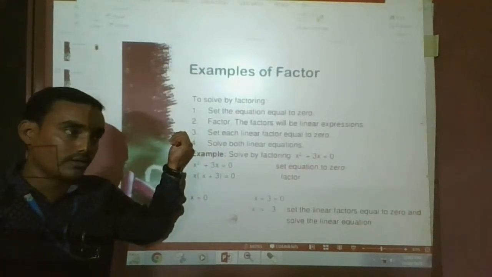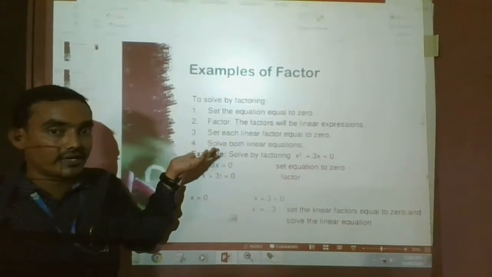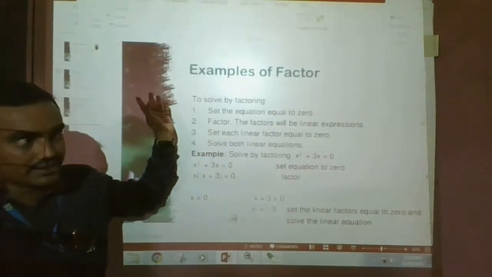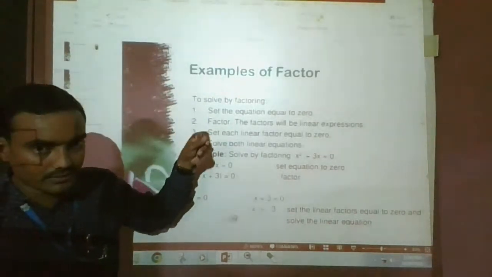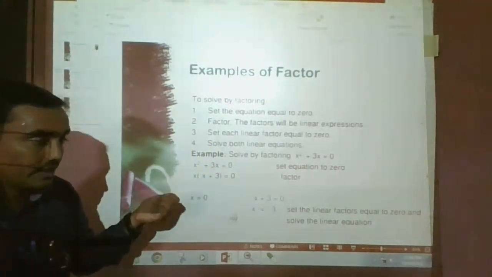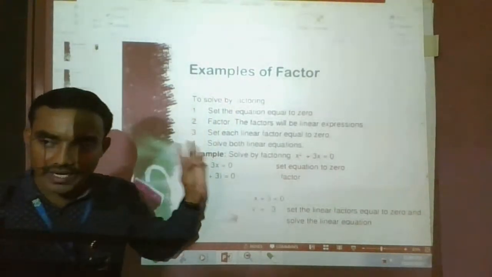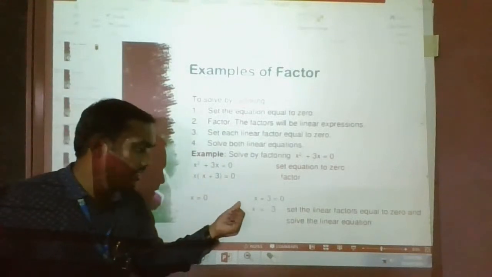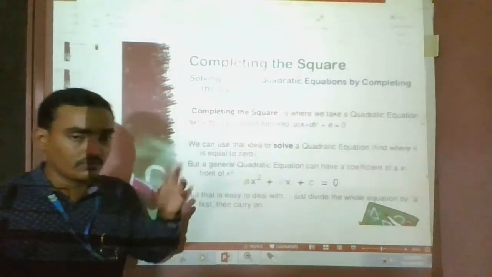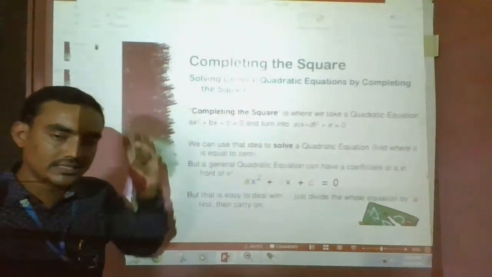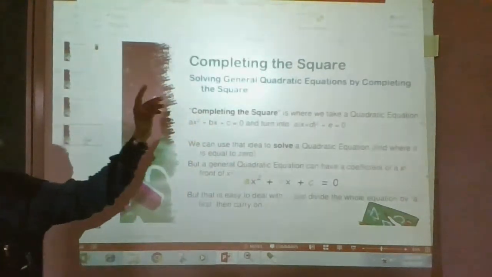In our previous example, by using the quadratic formula, the very interesting formula, x equals minus b plus or minus root b square minus 4ac divided by 2a. The second is by using the factorization method; we can solve for the roots of the given quadratic equation. Whichever method you take, the answers are the same. The completing the square method is also the same.